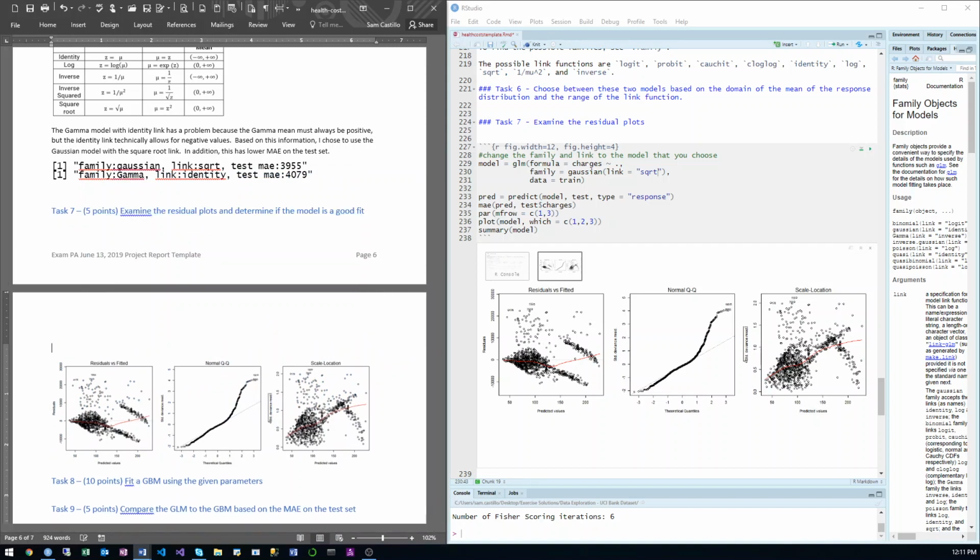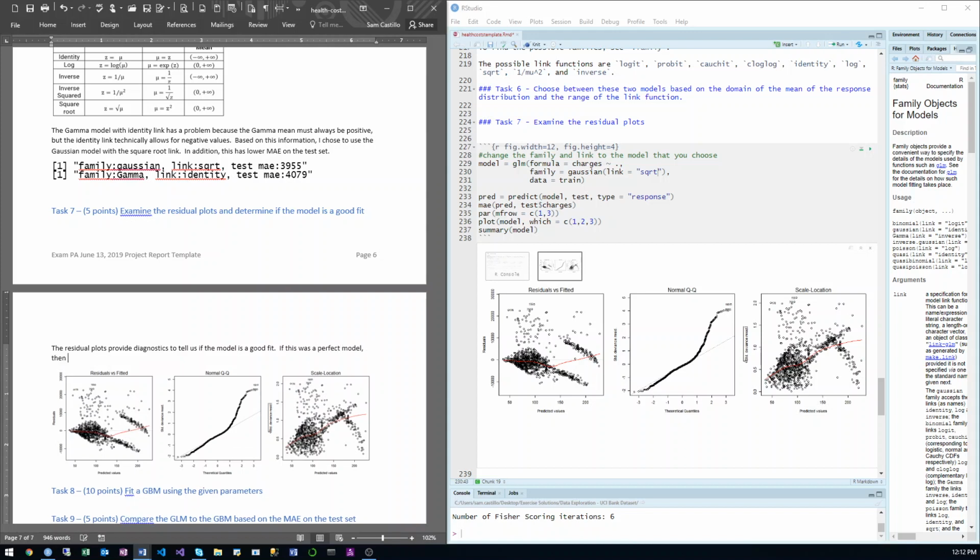So the residual plots provide diagnostics to tell us if the model is a good fit. If this was a perfect model, then the residuals versus fitted on the left would have no pattern.